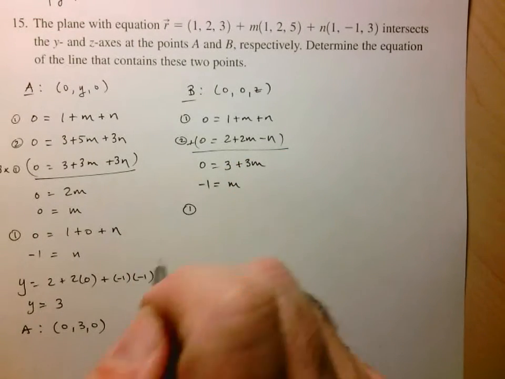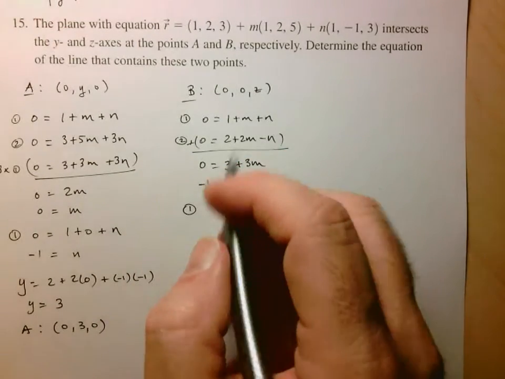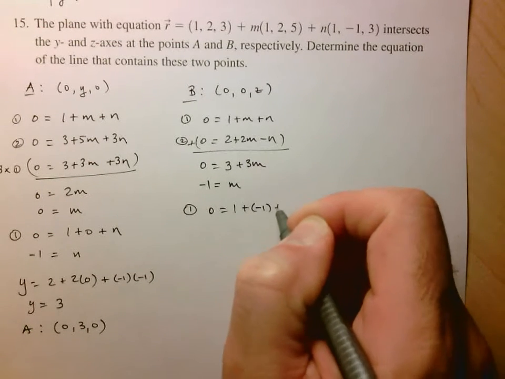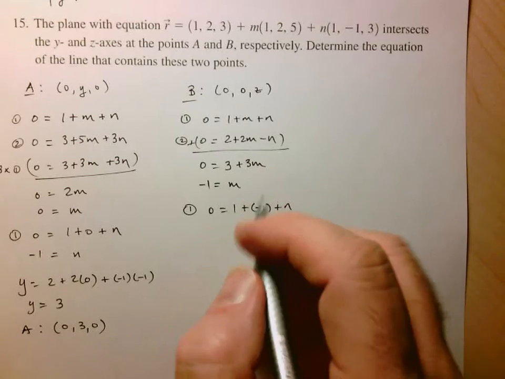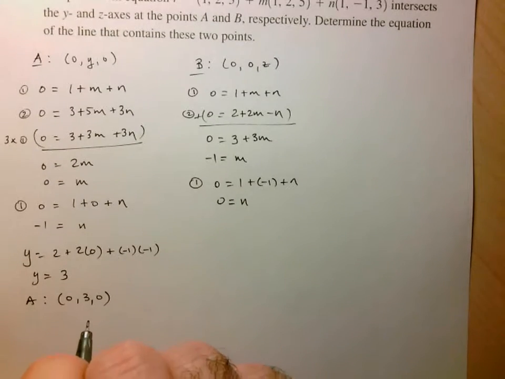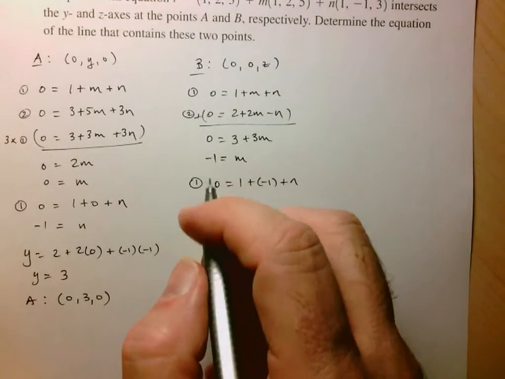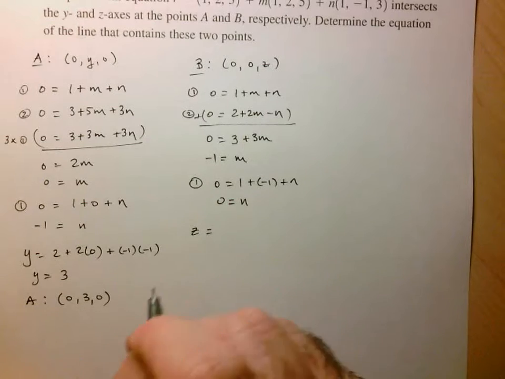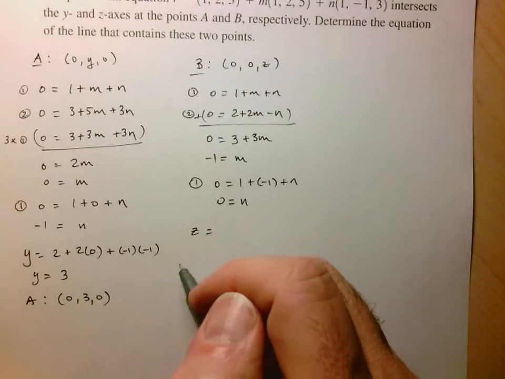Now I'll go back to equation 1 to find n. So we've got 0 equals 1 plus m, which is negative 1, plus n. And hey, those cancel out, and so n is equal to 0. Pretty nice. So now that I have m and n, I can find the z value that corresponds to these parameter values.